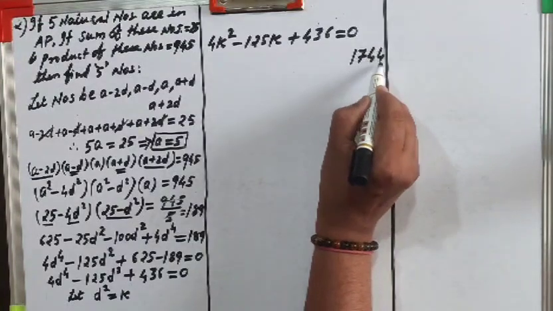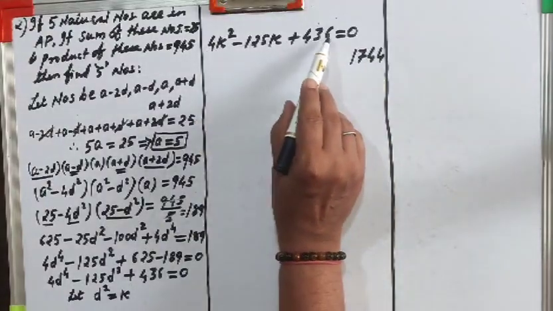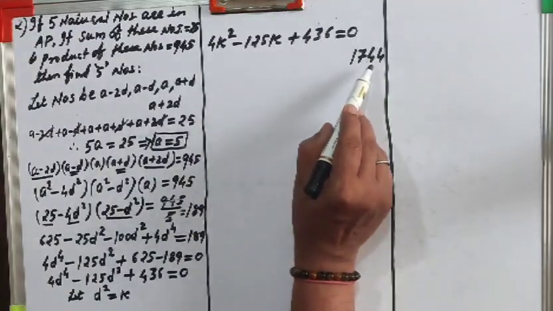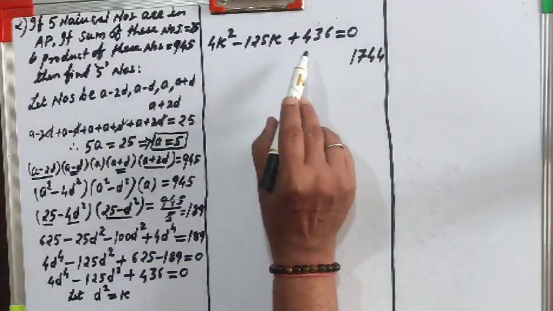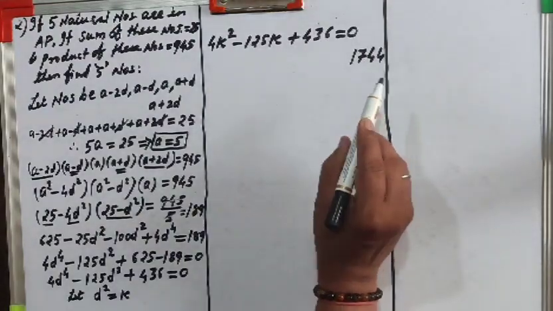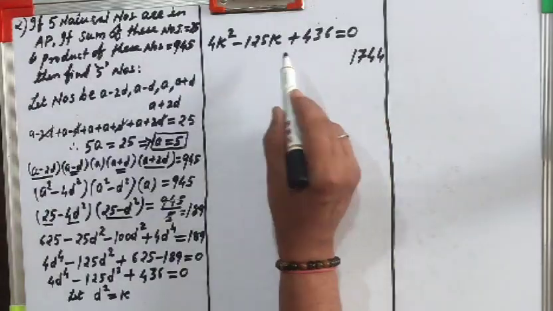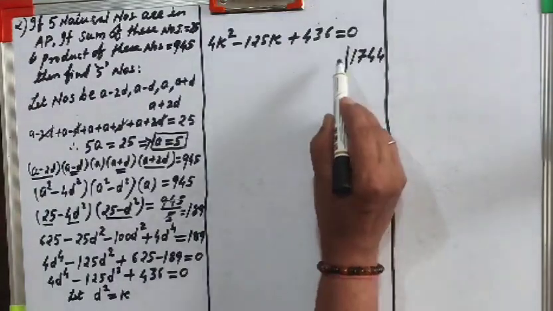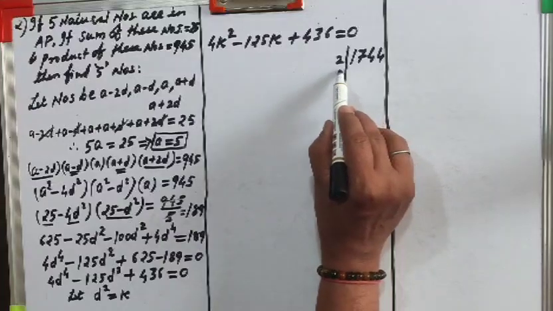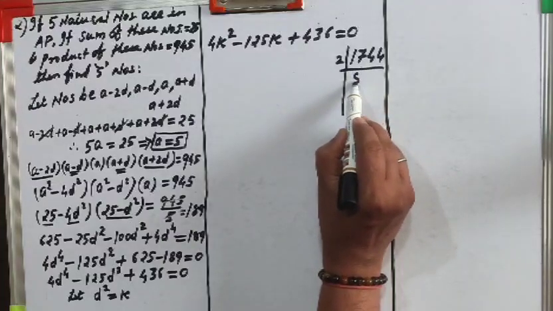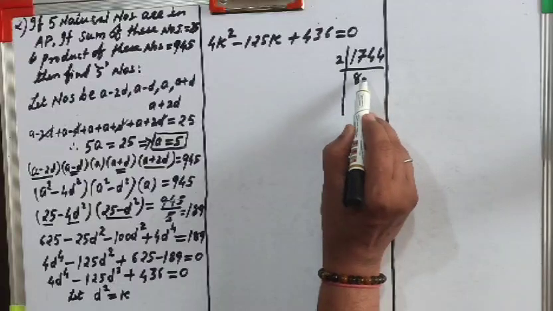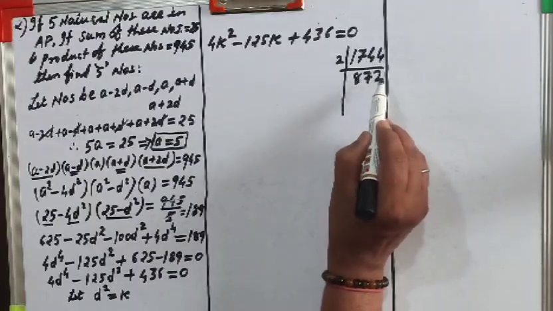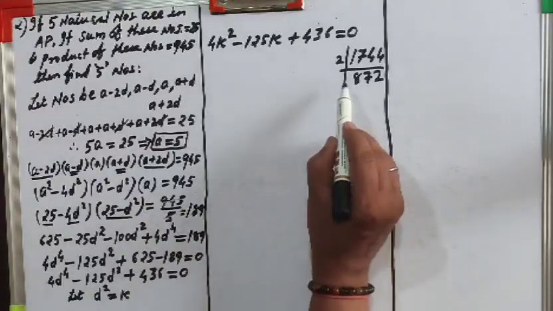1744. Look here, 4 sixes are 24, carry 2, 4 threes are 12, 14, carry 1, 4 fours are 16 plus 1, 17. Now we don't know what are those numbers, so what you can do, you can find the factors. 2 eights are 16, 1 left, 2 sevens are 14, and 2 twos are 4, 872.